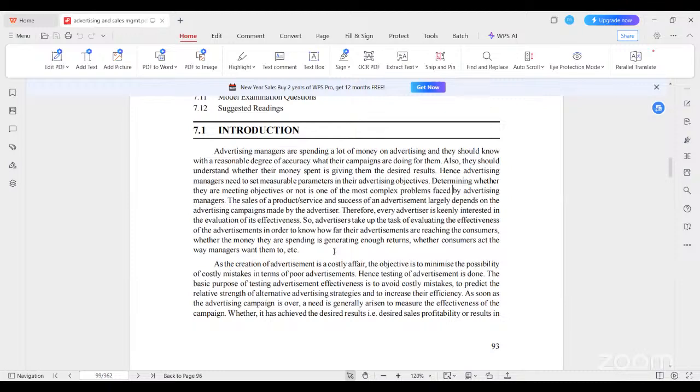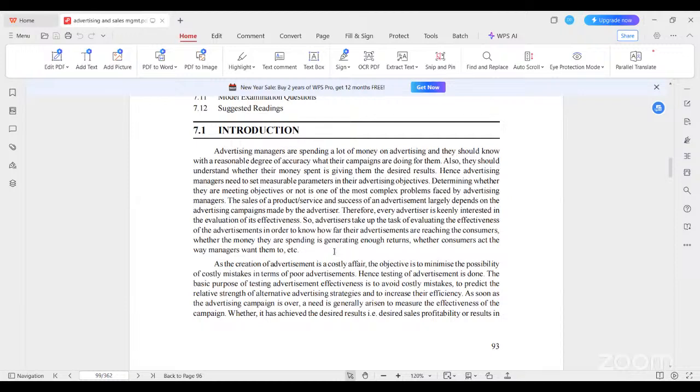As we all know, the creation of an advertisement is a very costly affair. The objective is to minimize the possibility of costly mistakes in terms of poor advertising. Here, testing of advertising is done. The basic purpose of testing advertisement effectiveness is to avoid costly mistakes.